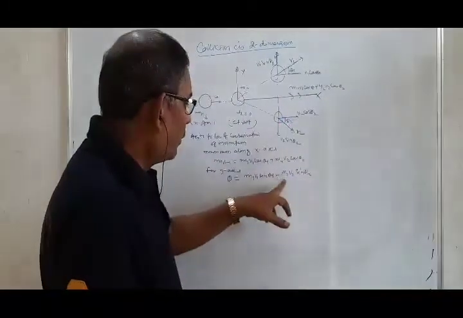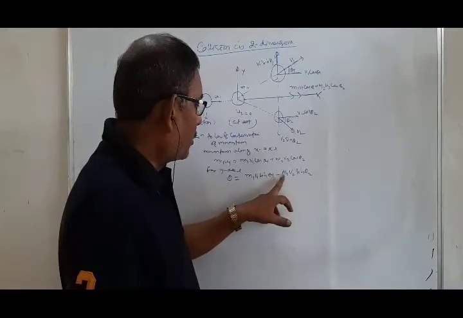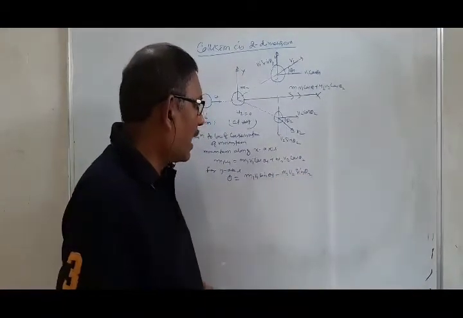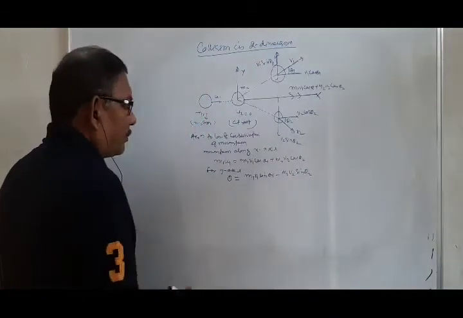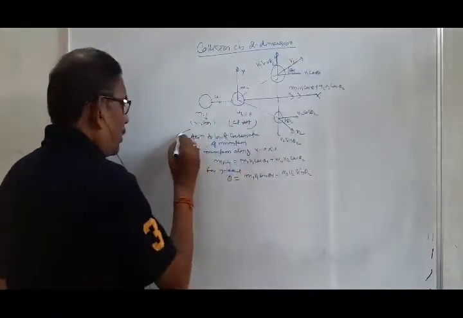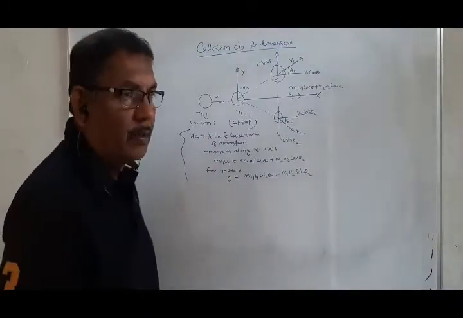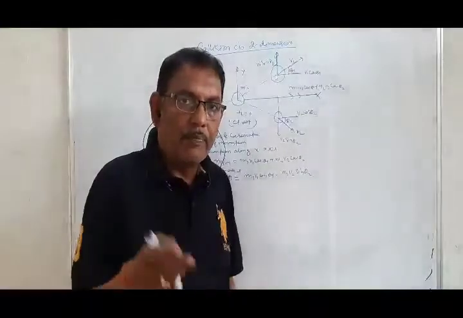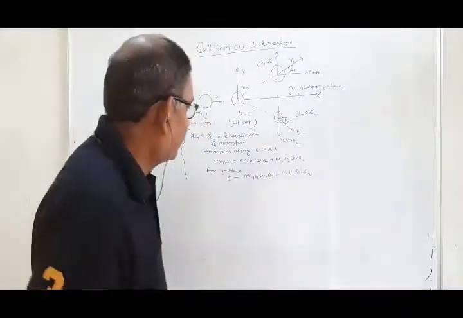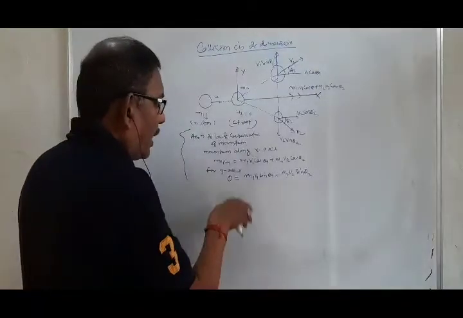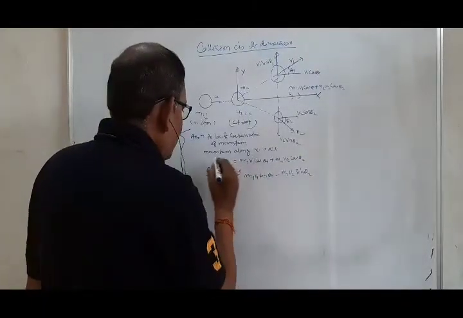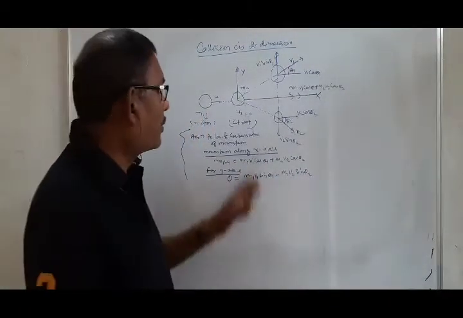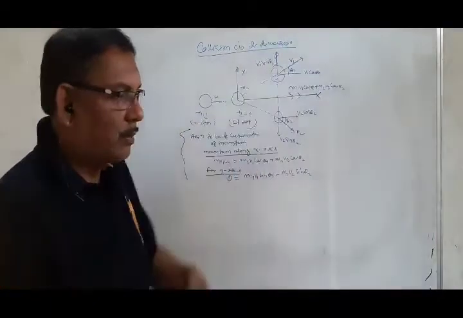That is why there is a minus of m2 v2 sin theta 2. So this is the equation of momentum. Similarly, we discuss the kinetic energy before and after collision. It is all about momentum along the x axis and along the y axis. In this way, calculate the total momentum of the system in 2 dimensions.